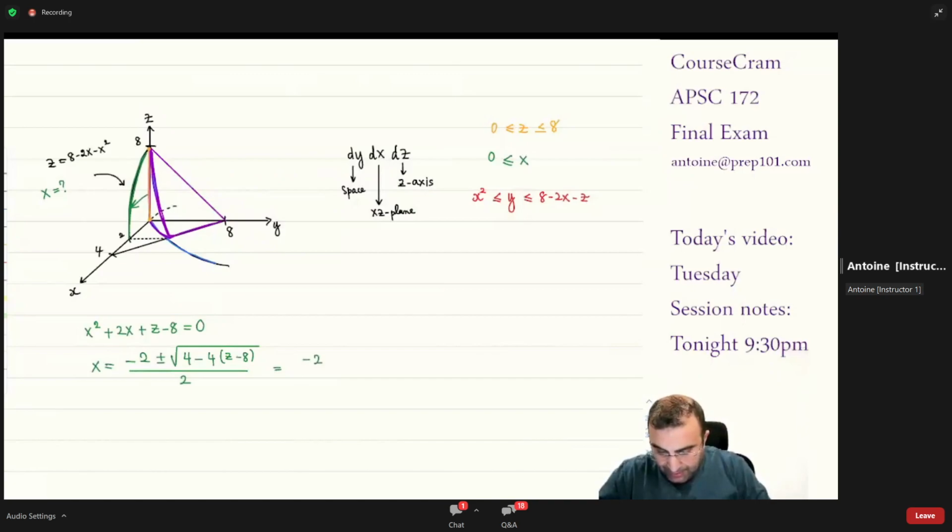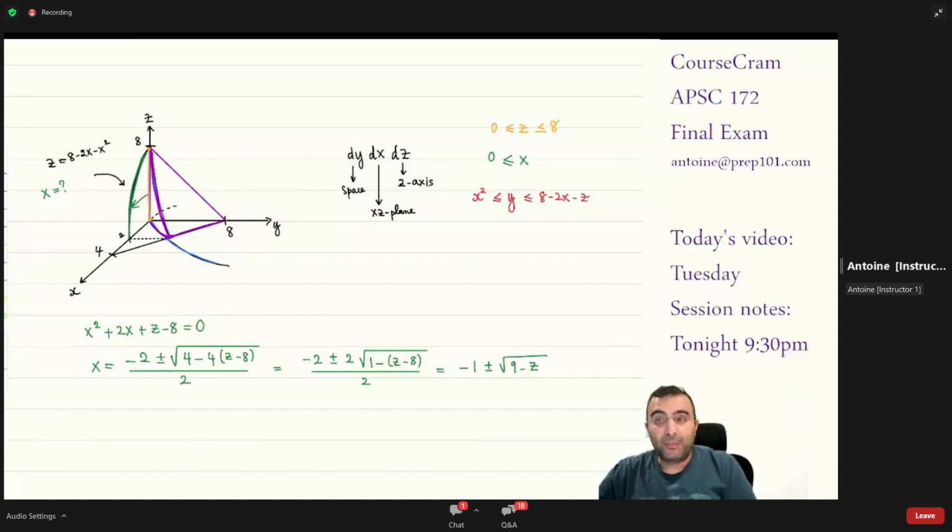To simplify, I can factor the 4 and put it outside, so that would be the square root of 1 minus (z minus 8), over 2. I can cross out the 2's everywhere. So minus 1 plus or minus the square root of 9 minus z.